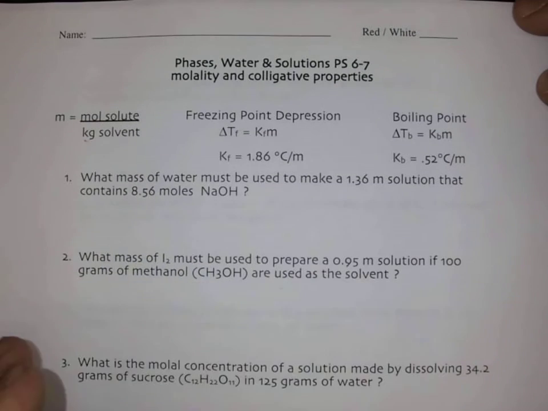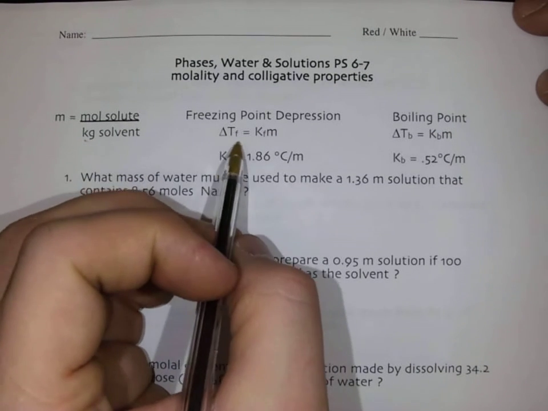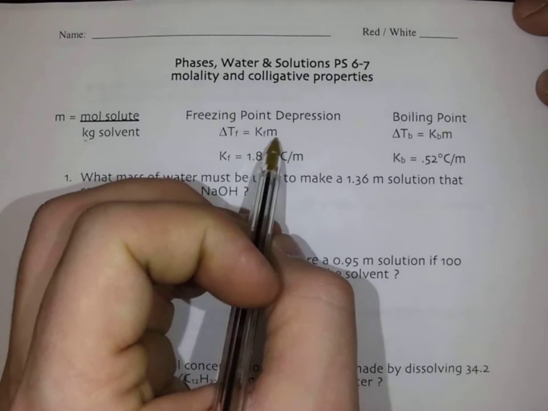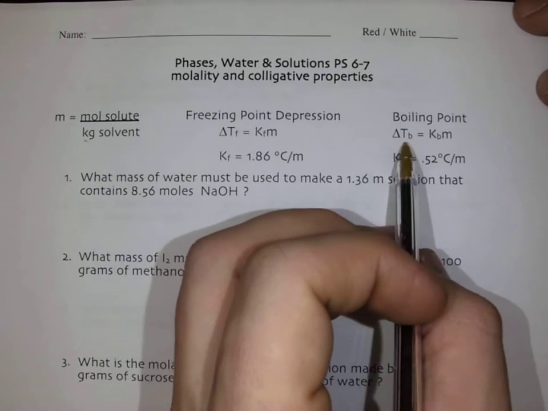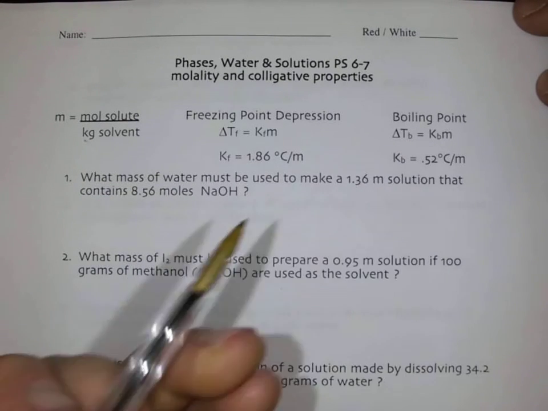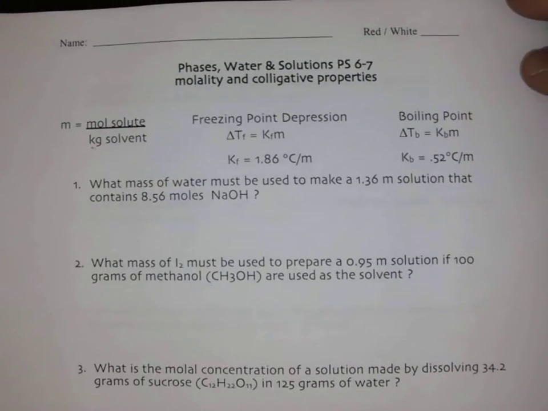For these equations, it's the change in the freezing point temperature, which is a constant times the molality. Boiling point, same idea: change in the boiling point temperature is a constant times the molality. It really has to do with that concentration.